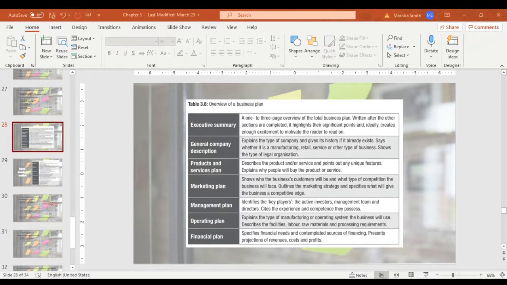So the products and service plan really describes the product and the service and points out any unique features that there might be about this product. So what makes this product different than any other product? If we use the dry bath example again, essentially he created a gel that you can bath with that you don't need any water.